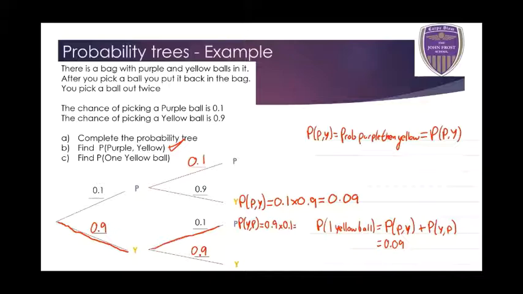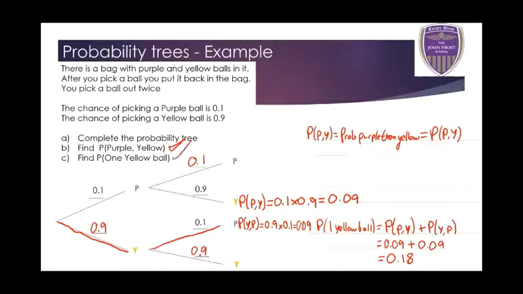We've actually got the same calculation here: 0.1 times 0.9 is the same as 0.9 times 0.1. So that's going to be 0.09. So we're looking to add 0.09 plus 0.09 together. That is equal to 0.18. So that's the probability of one yellow ball.